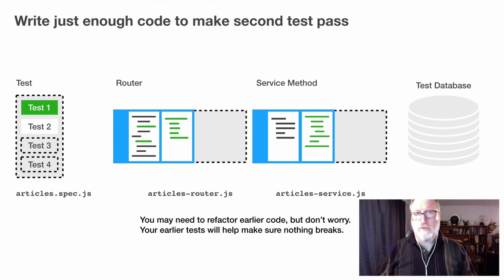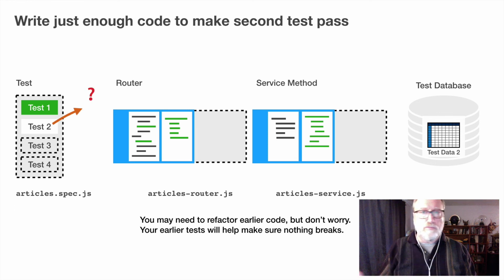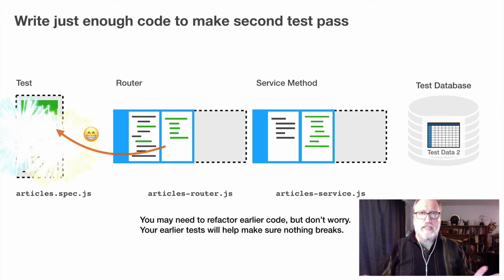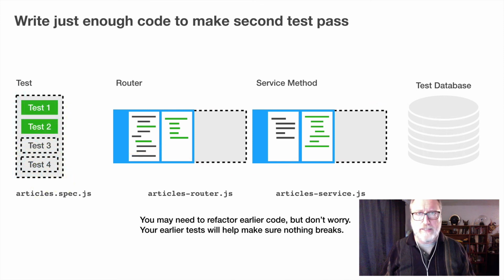That makes sure that you never let bugs sneak in to old code. So now you've got some new code, some refactored code. You can run this test again, and it will use your test data to exercise the router, exercise the service method, and when everything is together, that second test passes.